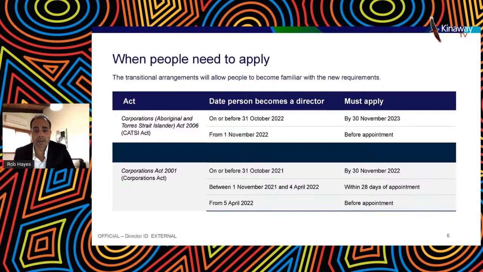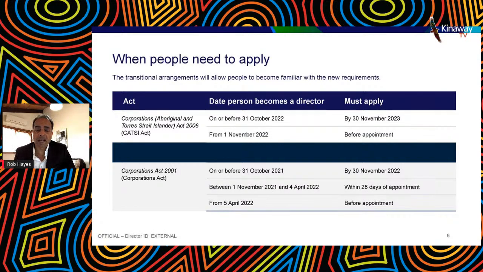to their appointment. Now, I'm certainly aware that it is annual general meeting time for many AURIC registered entities, and it's usually around the time of the AGM, annual general meeting, that new directors are appointed. It's important for those new directors who may be appointed to those entities to apply for their director ID prior to their appointment.